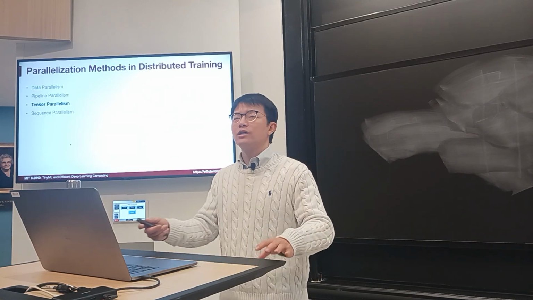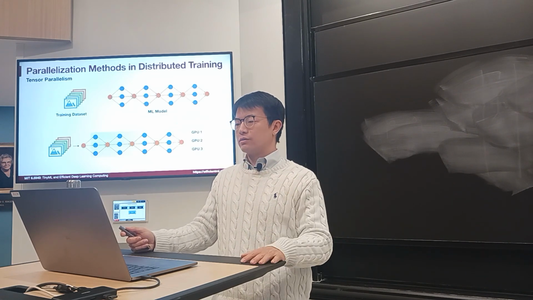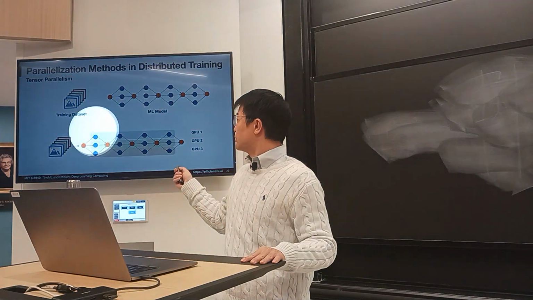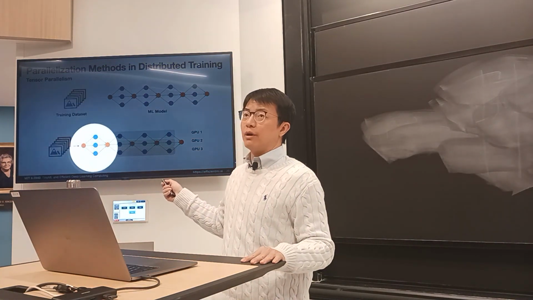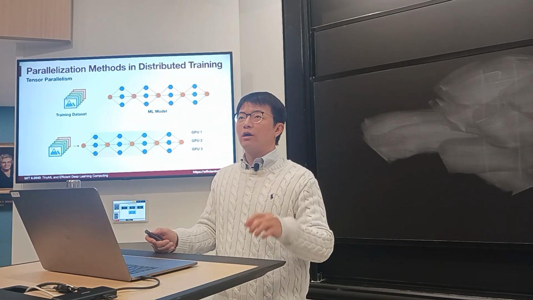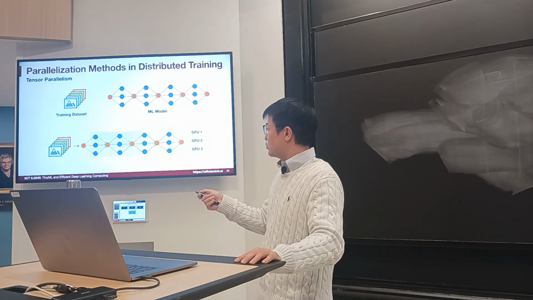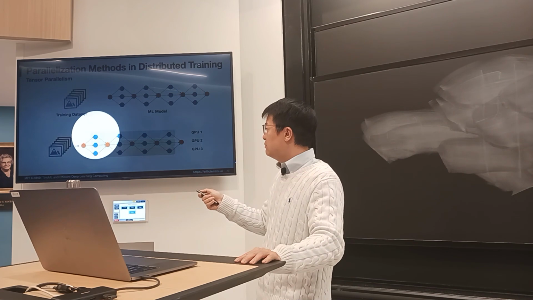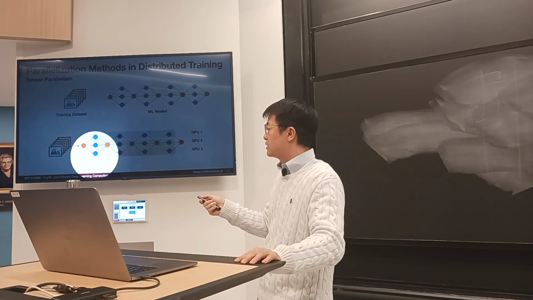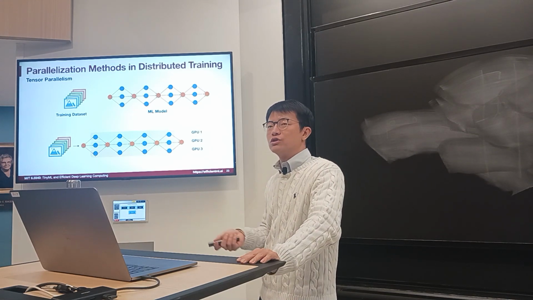And next is the tensor parallelism. We can partition in another dimension. We are also partitioning the model, but not from the layer dimension. Within a layer, we are partitioning different parts of the matrix multiplication across different GPUs. We are partitioning the activations. The first third, the next third, the last third of the activation is fed to different GPUs.